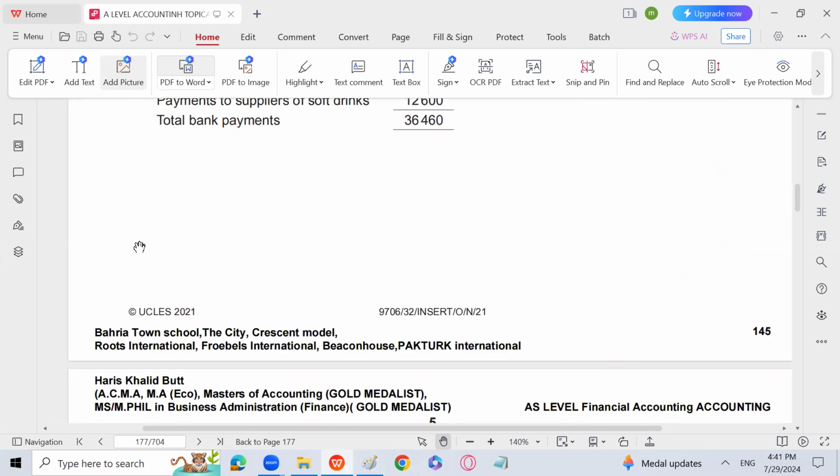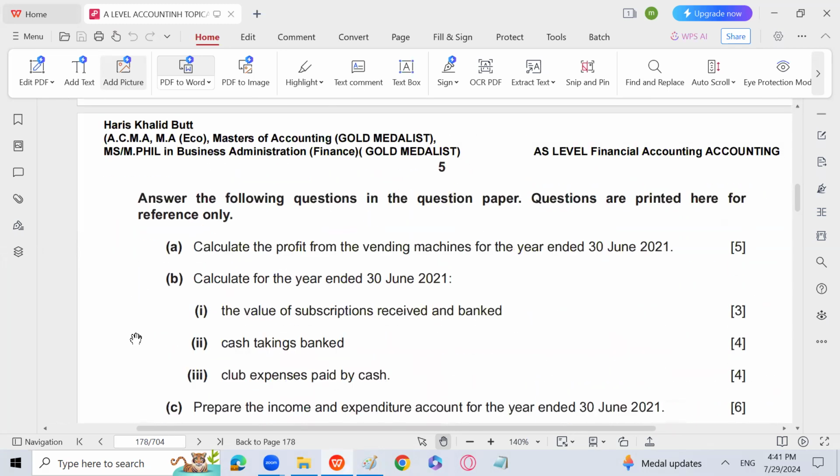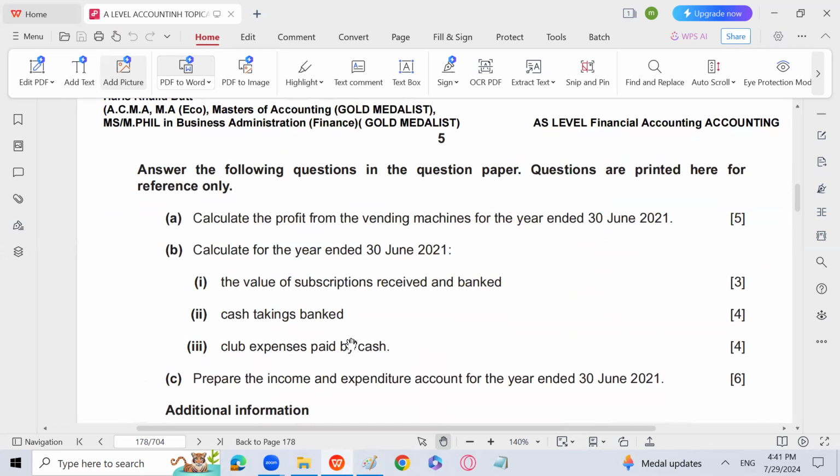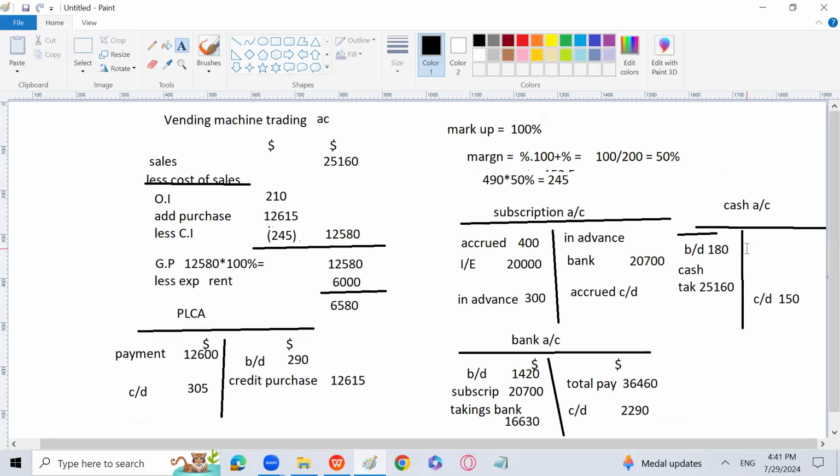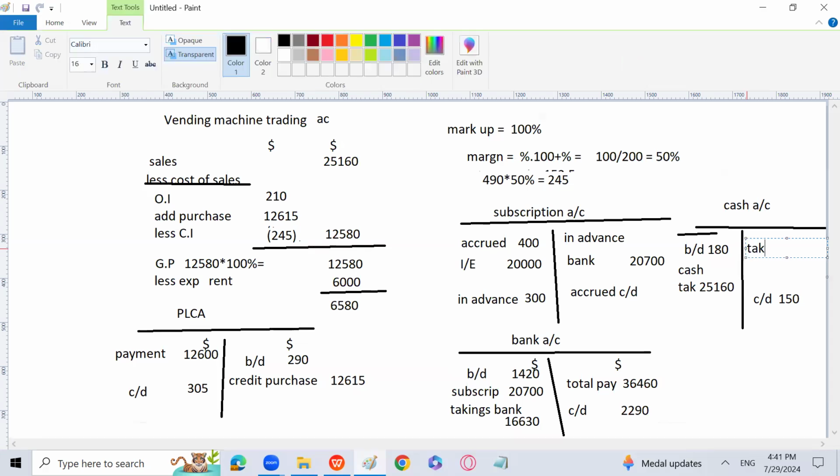So the closing cash balance we have already written. Next is takings bank. Takings bank will come on the credit side, because that is the amount out of cash sales which has been deposited into the bank. We have already found that amount by the preparation of the bank account. That is 16,630. Right?